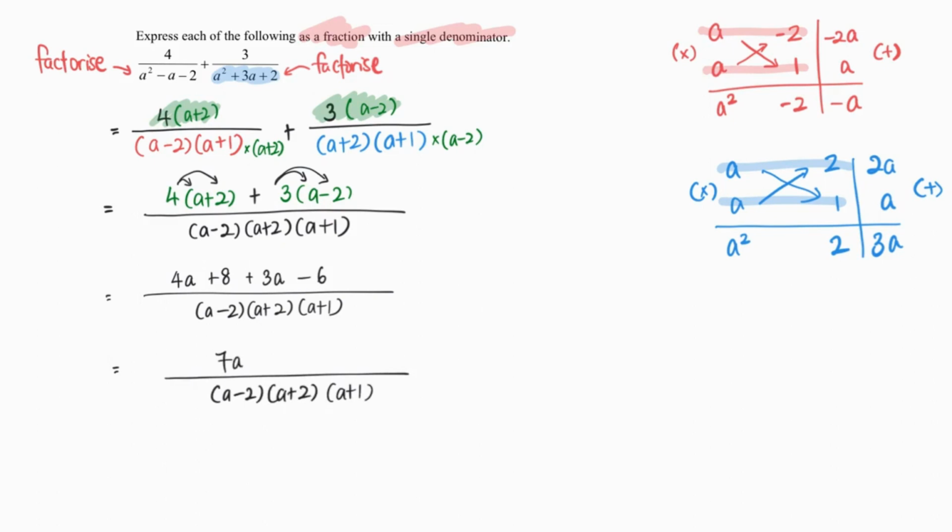Seven a, because 4a plus 3a is 7a. 8 minus 6 is positive 2.